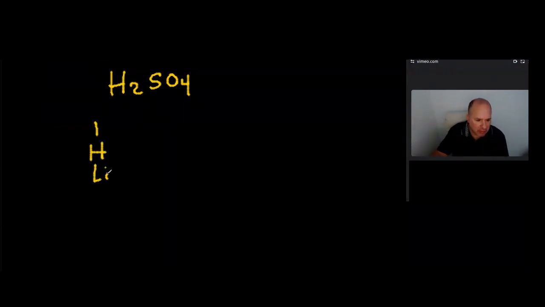Okay, let's look at something like sulfuric acid, H2SO4. Group 1 on the periodic table is hydrogen, then lithium, then sodium, then potassium, and there's more. But it's group 1, so these atoms, when they bond to something else, will have a +1 oxidation state.